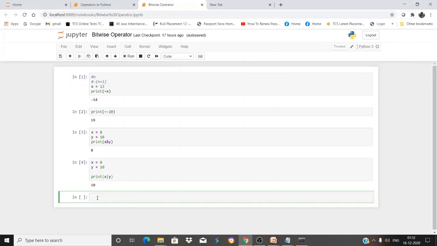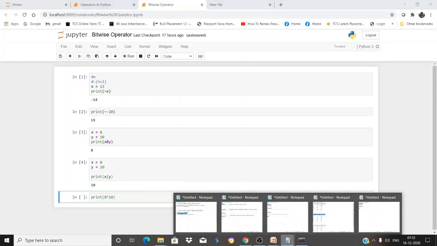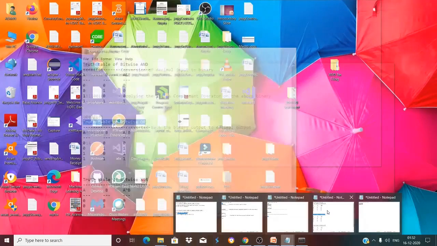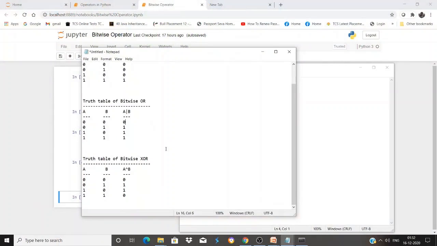Next we shall apply the bitwise XOR operator on these two operands. It will be like 8 XOR 10. Now let's again go back to the notepad. Let's erase the previous output. Okay, for the XOR operation, let's look at the truth table of XOR.